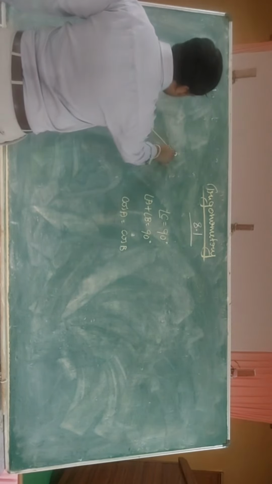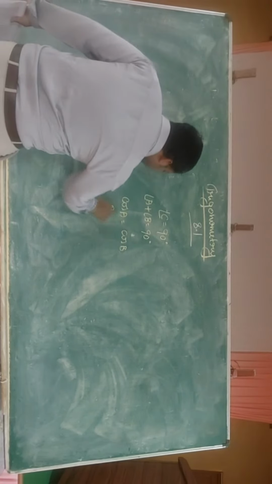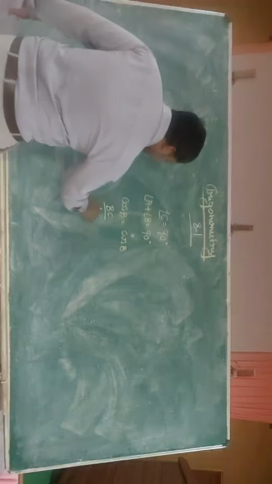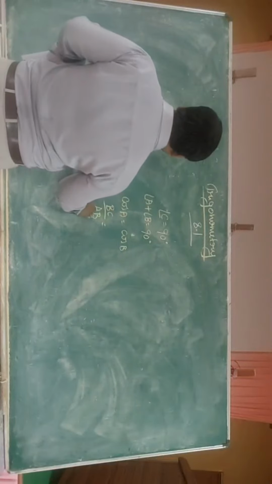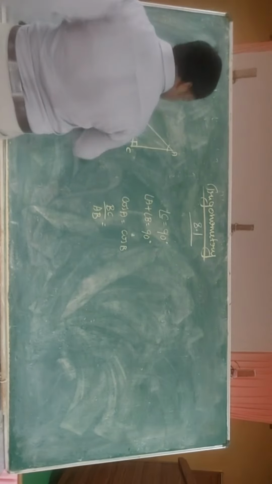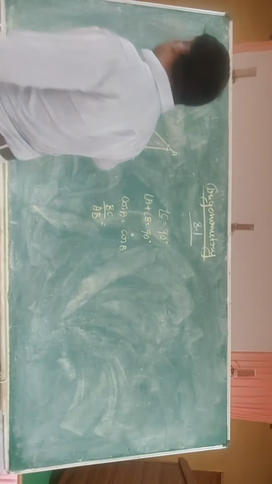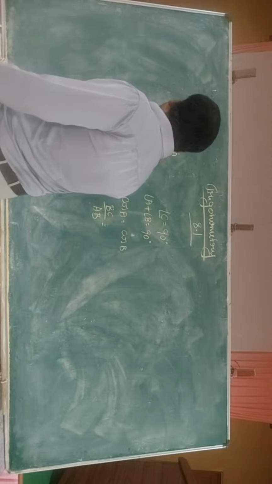Cos A is equal to BC upon AB. And cos B? No. Adjacent upon hypotenuse. AB, not AC. AC is opposite.